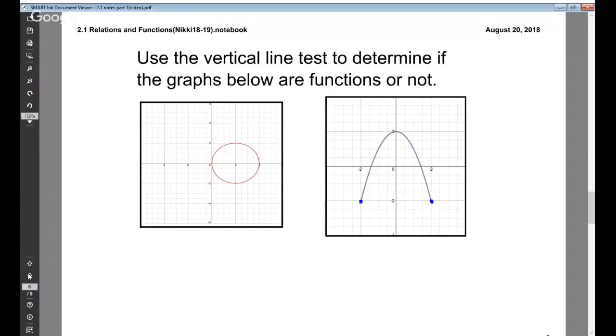All right, for the first graph, if you took a vertical line and made it go through that graph, you'll instantly see there is at least one line that intercepts the graph more than once when you take it vertically. So in other words, this would be considered not a function. And if you haven't already, take a look at the second graph and do the same thing.